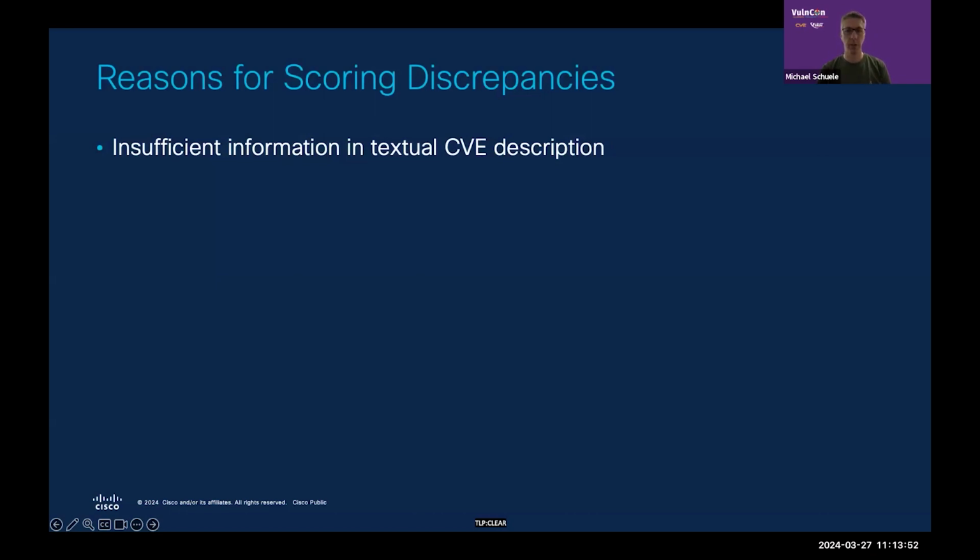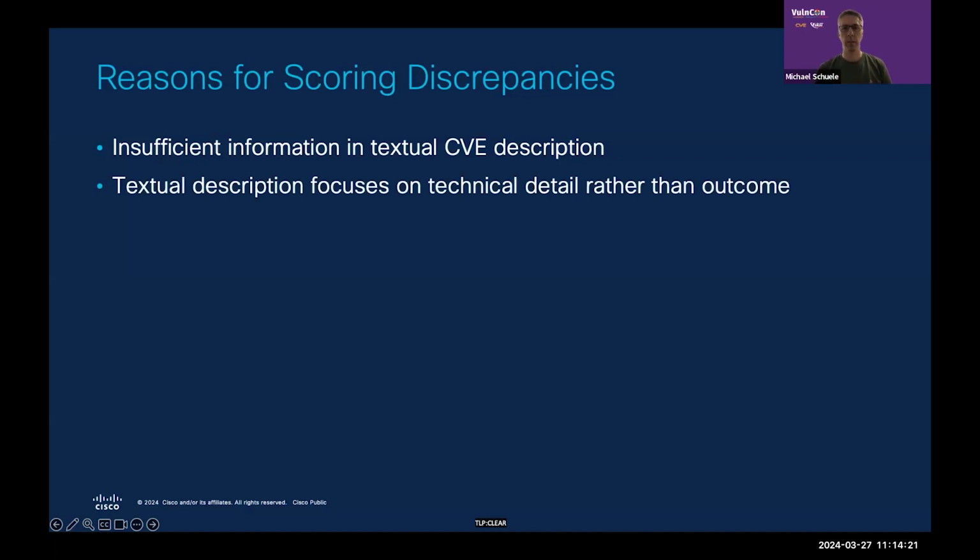On the privilege levels that are required, while the score may show one or the other, what does that privilege level really mean in the context of the product? Why are we considering a scope change? And in a few cases, we were scoring a high integrity impact but no availability impact. So how can that be? And then there were a few corner cases which definitely could have used some additional explanations.